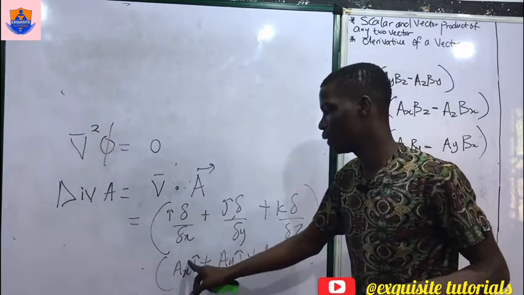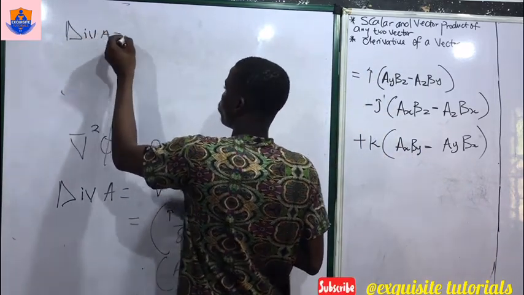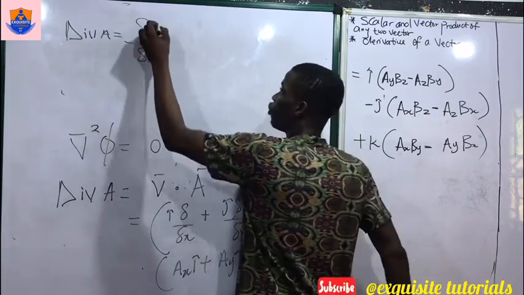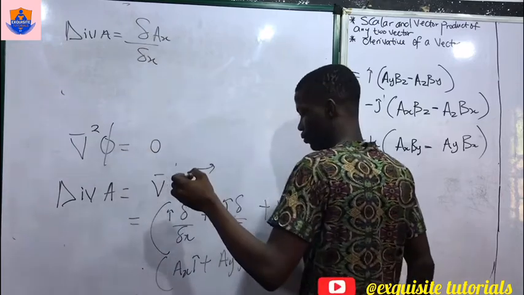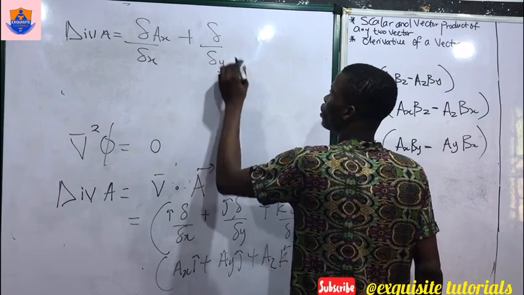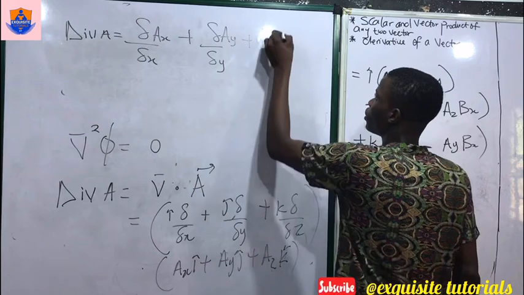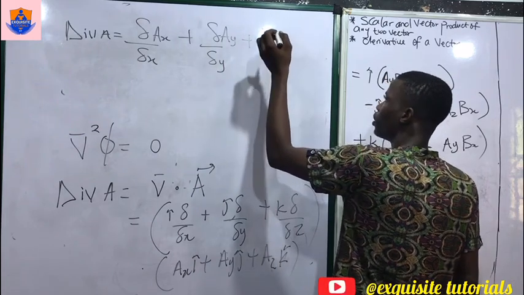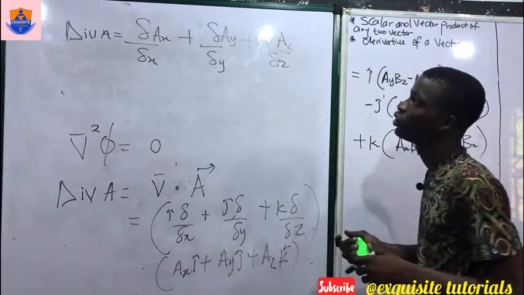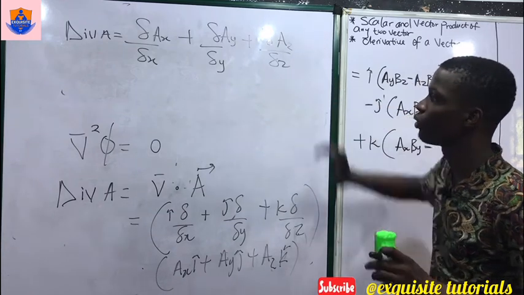So this guy will multiply this guy, and we will have the divergence of A equal to the partial over partial x of A of x, plus the partial over partial y of A of y, plus the partial over partial z of A of z. So this is the normal format for the divergence of any function.